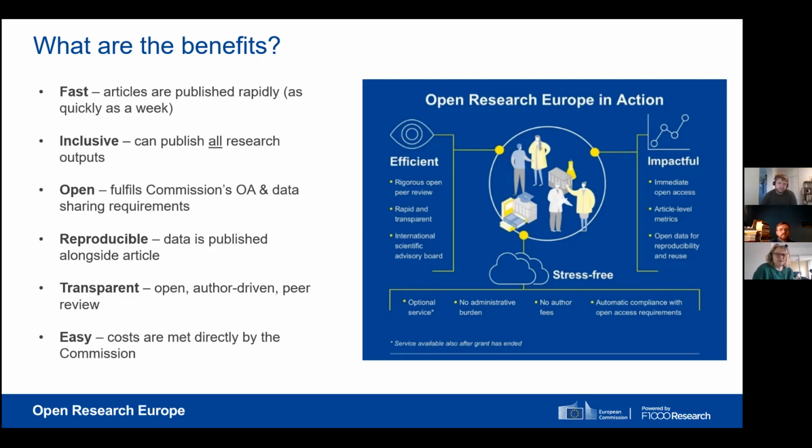We do hope that we're doing something to combat the reproducibility and replicability crisis by ensuring that all of the data is published and deposited alongside the article, and we are fully transparent. So we operate on an open peer review, open data, and a very author-driven model of peer review. And then finally, obviously, the costs are met directly by the Commission, so authors don't need to worry about sourcing funding to meet the article processing charges.